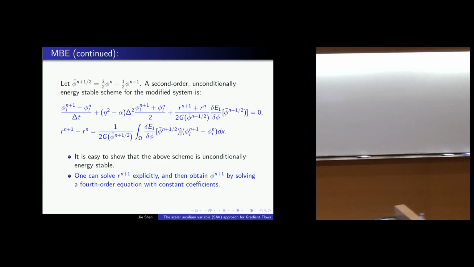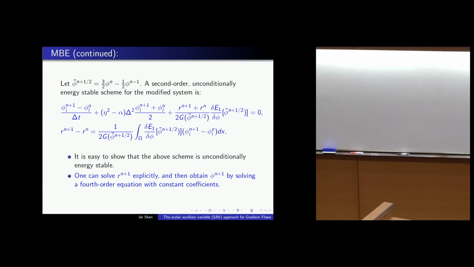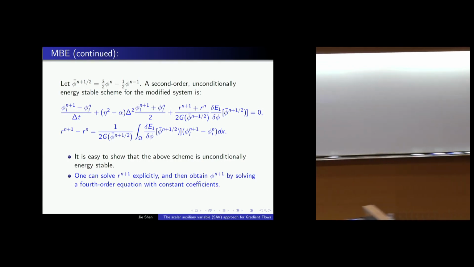Here is an example. You do it with a Crank-Nicolson type. With the Crank-Nicolson type, you also do this extrapolation for the nonlinear terms. Everything else is just Crank-Nicolson, and so the scheme also is unconditionally energy stable, etc.